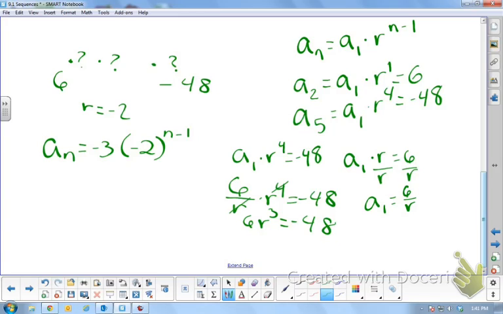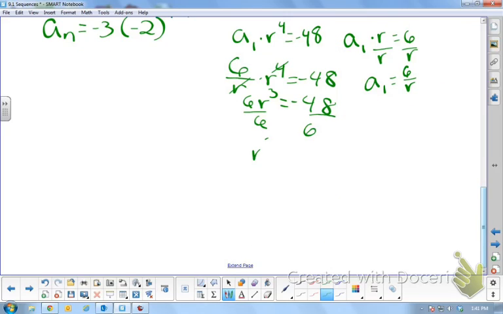Divide by 6. And negative 8. Then how do we get rid of the 3rd power? Take the cube root. So r is negative 2.